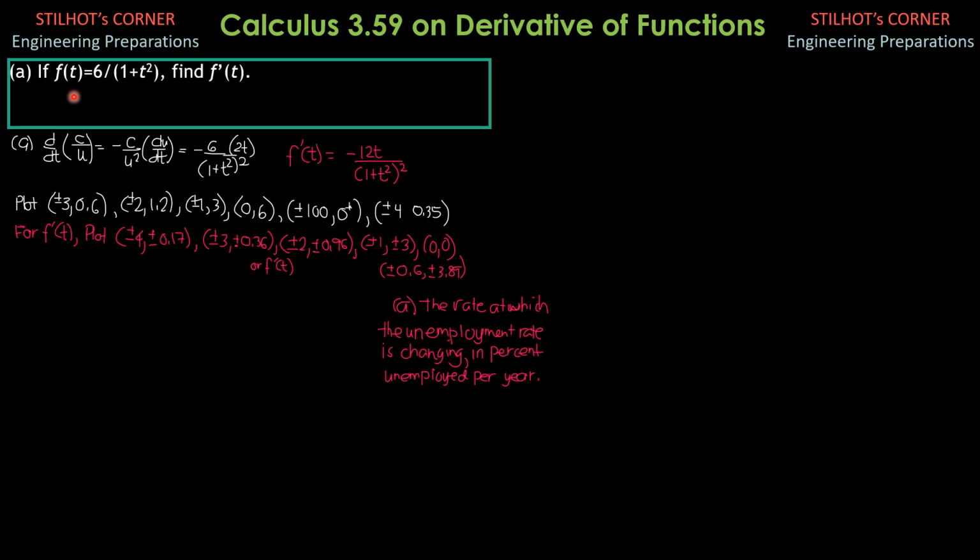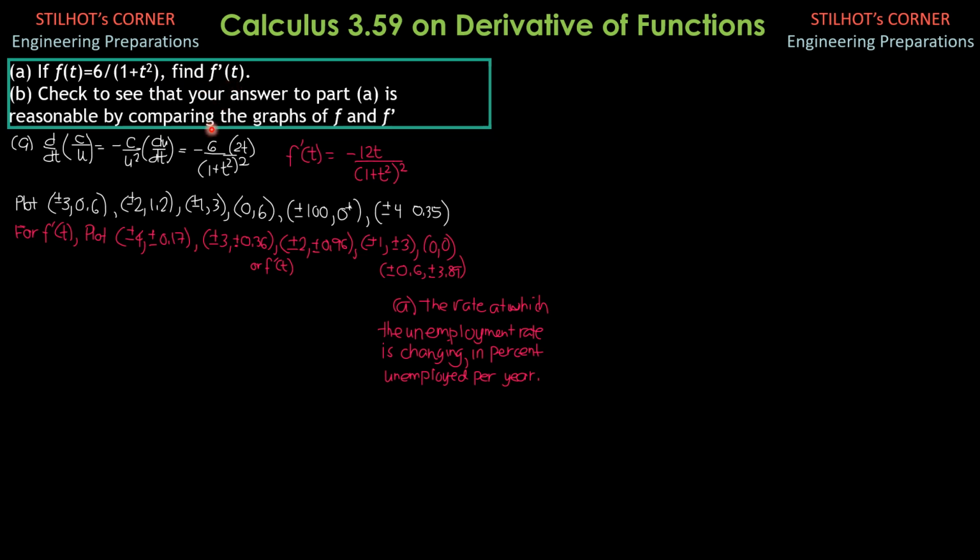So if f of t is equal to 6 over quantity 1 plus t square, find f prime of t. Check to see that your answer to part A is reasonable by comparing the graphs of f and f prime. So this is our guide for the derivative of this function. Derivative of constant over u is negative constant over u squared du dt.